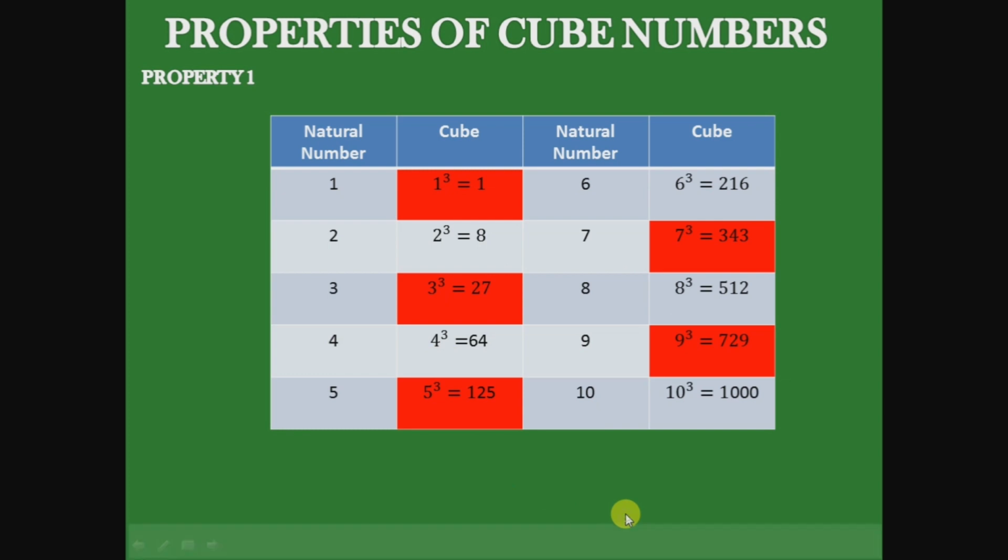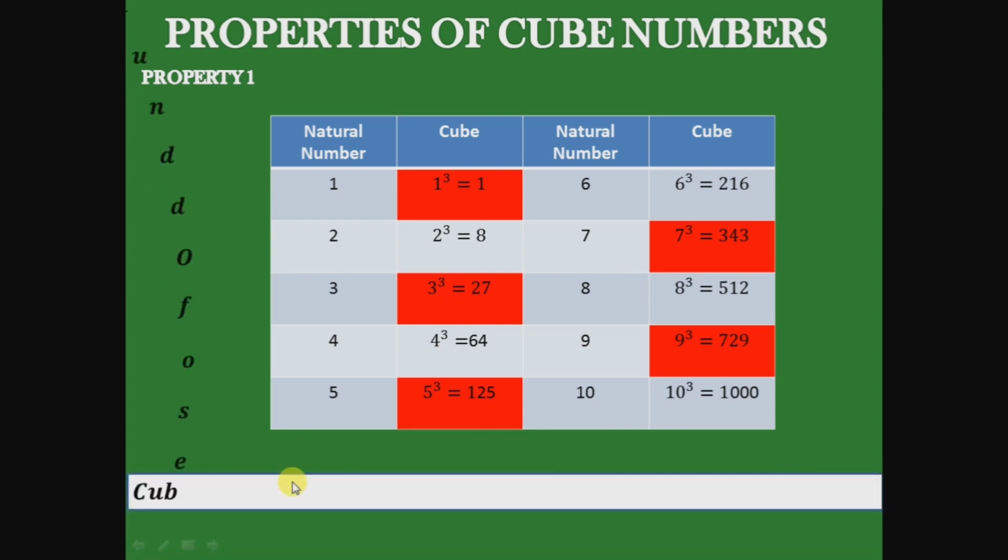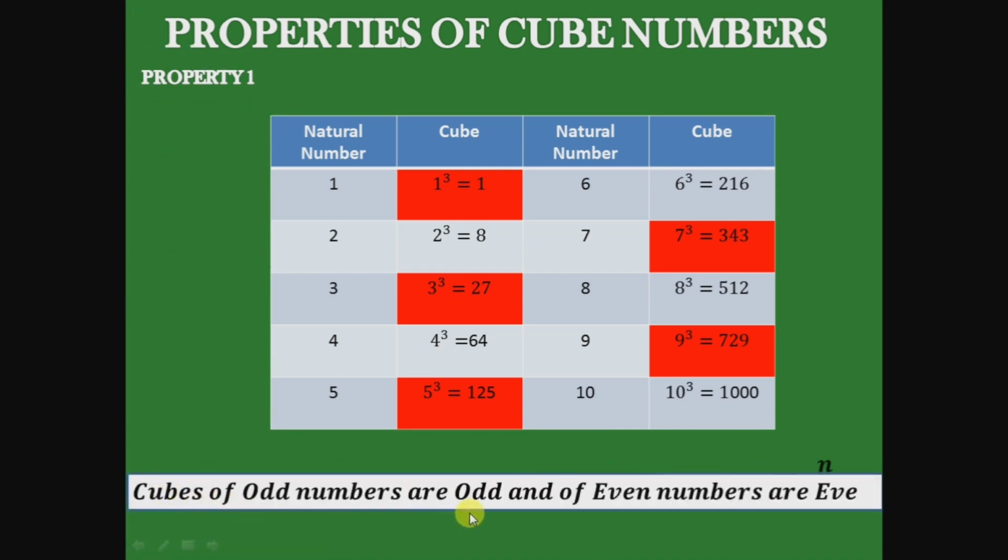From this table we can say that cubes of odd numbers are odd and cubes of even numbers are even. The odd numbers 1, 3, 5, 7 and 9 have cubes that are also odd: the cube of 1 is 1, 27 is odd, 125 is odd, 343 is odd, and 729 is also an odd number.